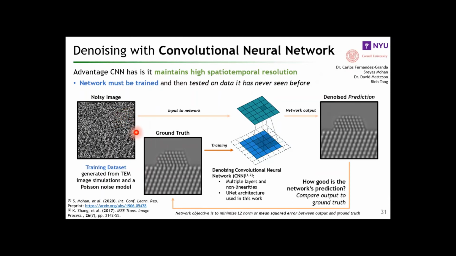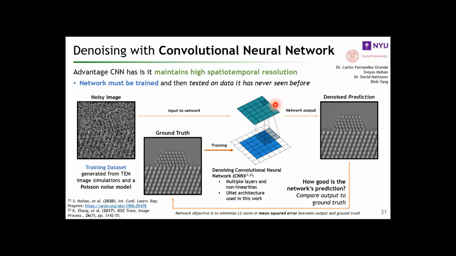So we have what we call the noisy image and the ground truth simulation. We feed the noisy image into the network, and the convolutional neural network looks at spatial regions in the noisy image and convolves them into data.